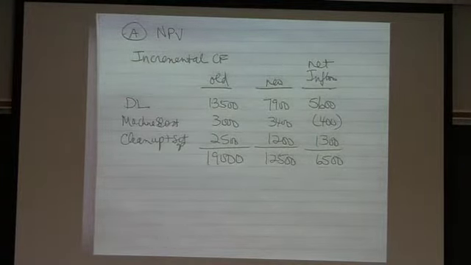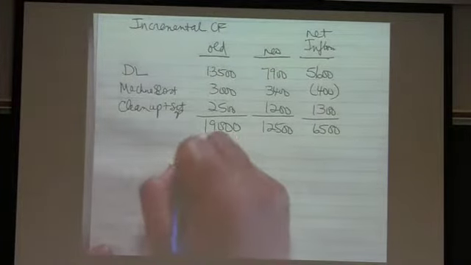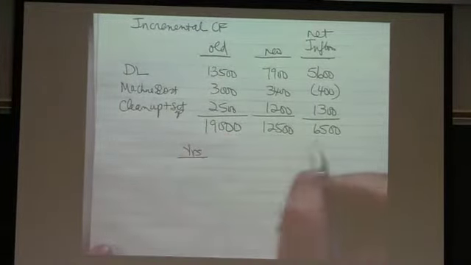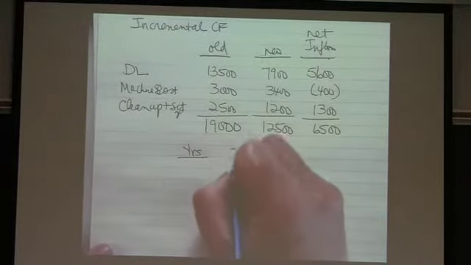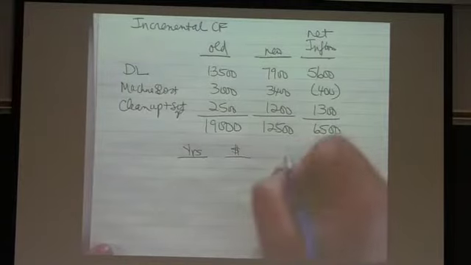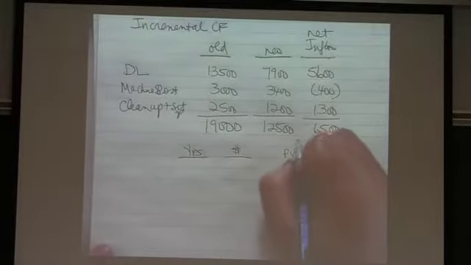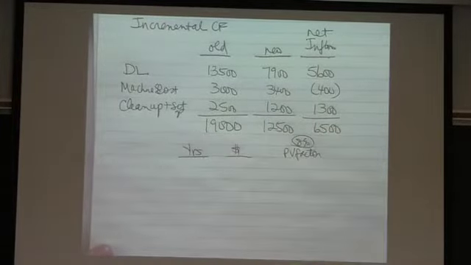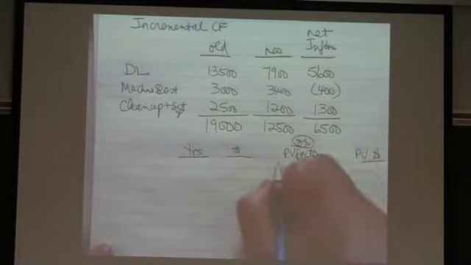Now we're going to use the same 4-column approach. So you've got years, you've got amount, you've got PV factor, and remember we want this to be an 8% required rate of return, and the present value dollar amount.